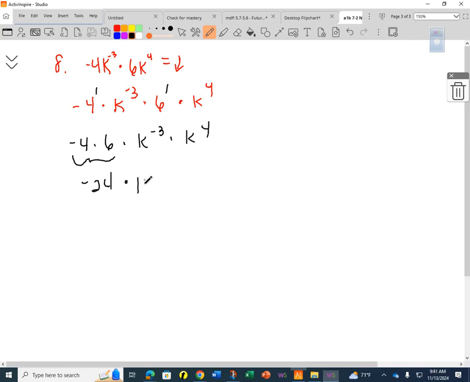So it's going to be times K raised to the -3rd plus the 4th power, because those are both K's. So that simplifies to -24K, -3 plus 4 is a +1. We're not going to write our 1 there, so we'll just leave it like that. Does that make sense, Keyshawn? Does that make sense, Anson? Okay.